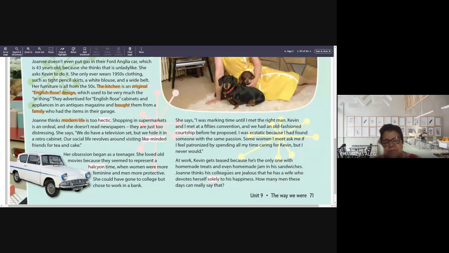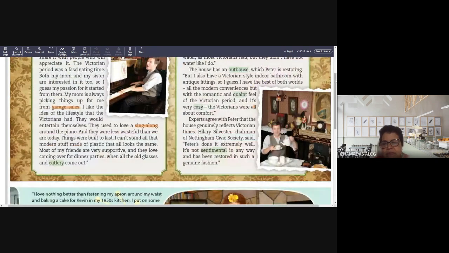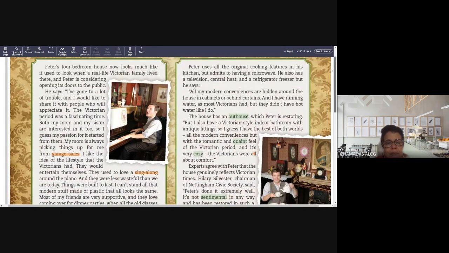Even the customs, right? Everything from the bygone era. She likes everything. The fashion, the way she decorated her house, lifestyle.